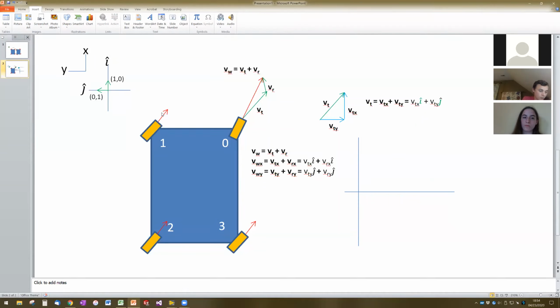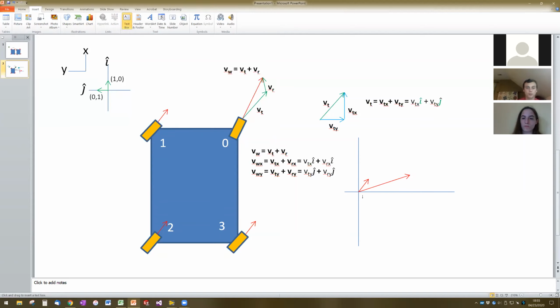So if I've got two vectors, I've got this one here, and then another one, which is like that. Okay.